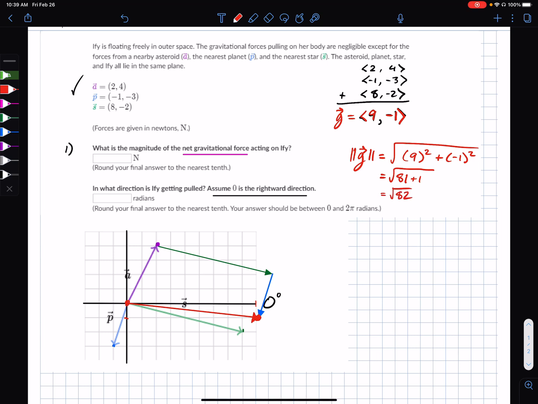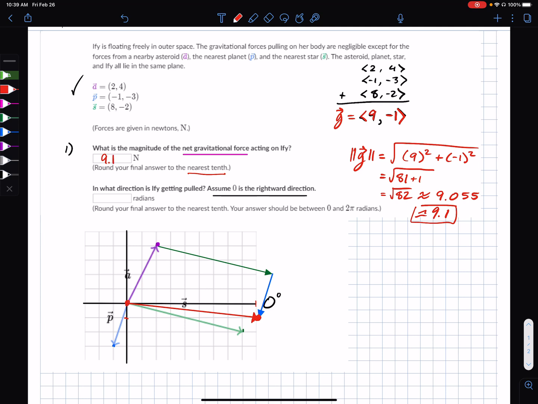Our instructions are to round to the nearest tenth. So I'm assuming this is going to be 9.0, but no, it does round to 9.1. It's 9.055 something. So 9.1 is what we'll settle on for the magnitude.